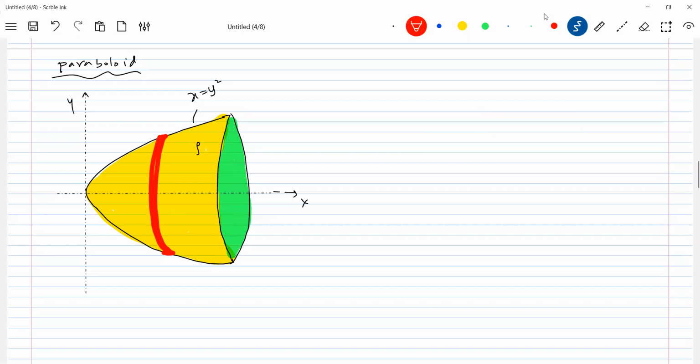Let the radius of this... So this is the elemental structure now. So let it be at a distance x. The radius, let it be y. So dx will be the thickness here.